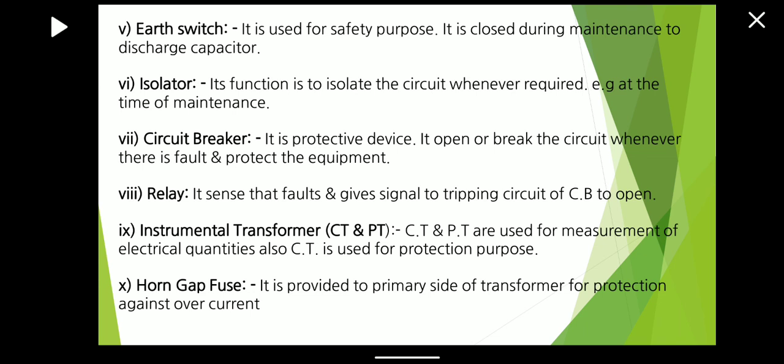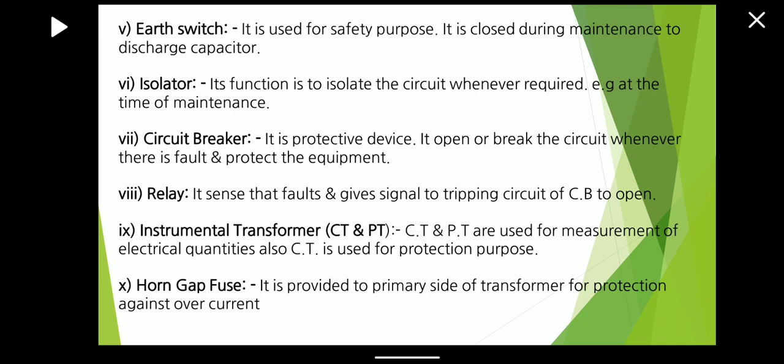Then the circuit breaker. It is a protective device. It opens or breaks the circuit whenever there is a fault, to protect the equipment. Then the relay. It senses the fault and gives a signal to the tripping circuit of the circuit breaker to open.